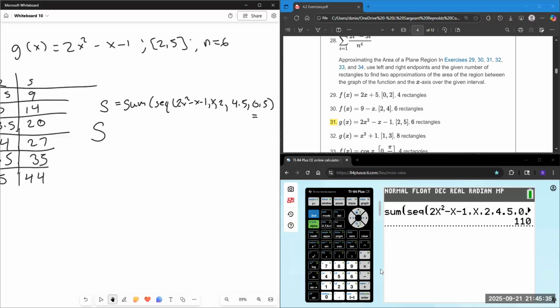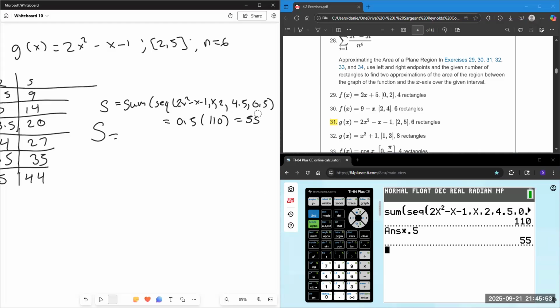I need to multiply that by the width of the rectangle now, which is 0.5, and I get 0.5 times 110 is 55.